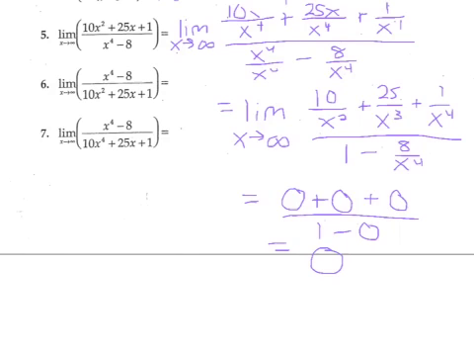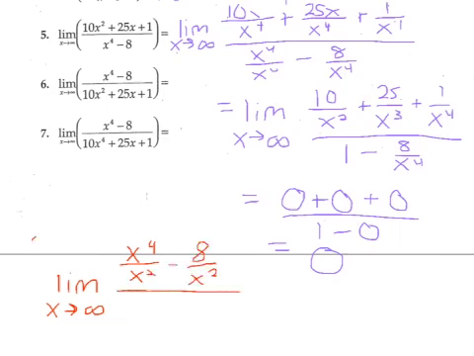So we have the limit as x approaches infinity of x to the 4th over x squared minus 8 over x squared all over 10x squared over x squared plus 25x over x squared plus 1 over x squared.